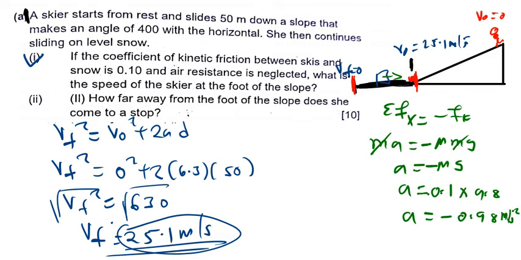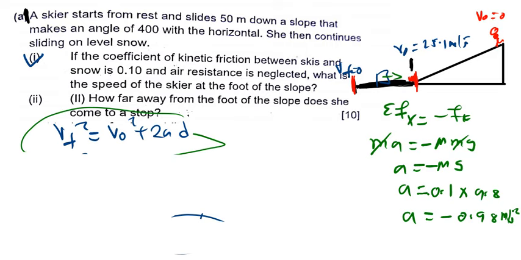Again, you go back to our formula, plug in all the values, make d the subject of the formula, find d, and definitely it is going to be positive. Without wasting much of our time, let's plug in the values.